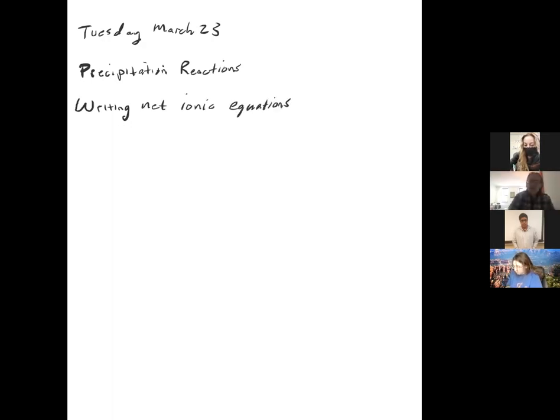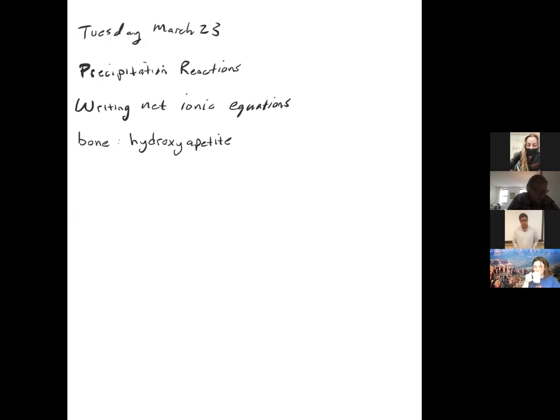Okay, so a precipitation reaction is a specific type of reaction. So for example, formation of bone. So bone, for example, has hydroxyapatite in it, which is not a simple substance.